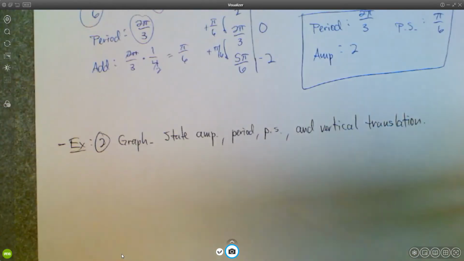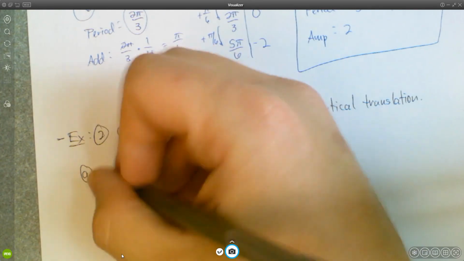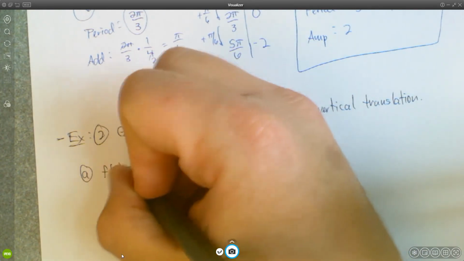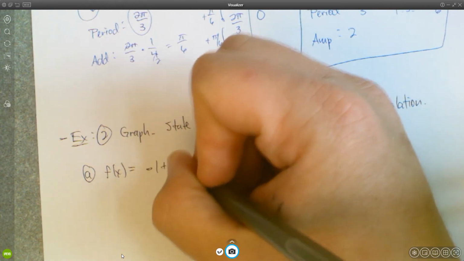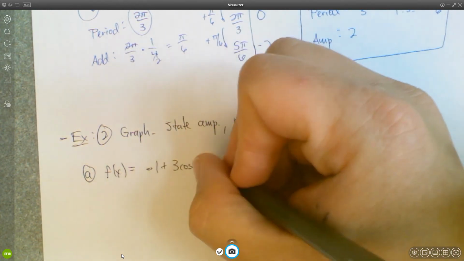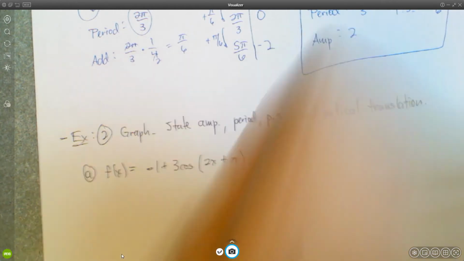Okay, so let's do all of that. For f of x equals -1 plus 3 cosine 2x plus pi.